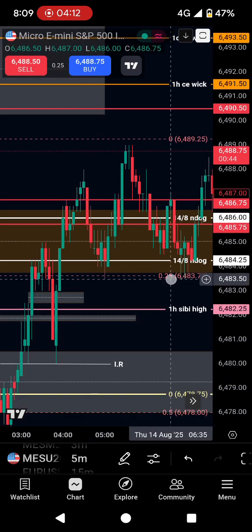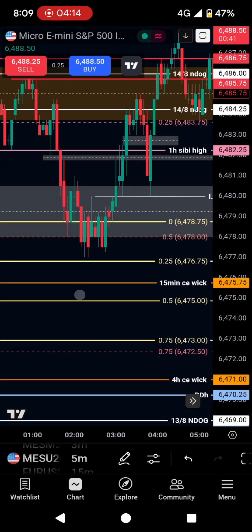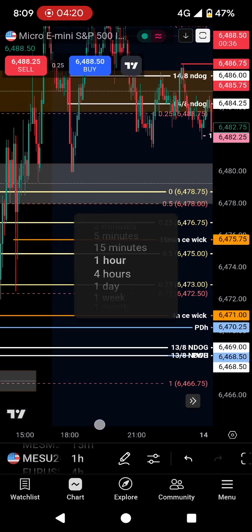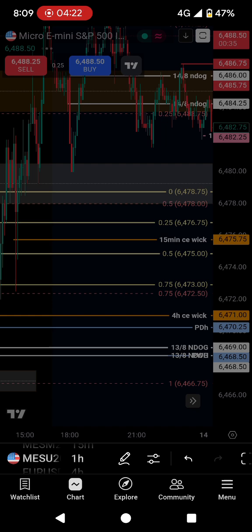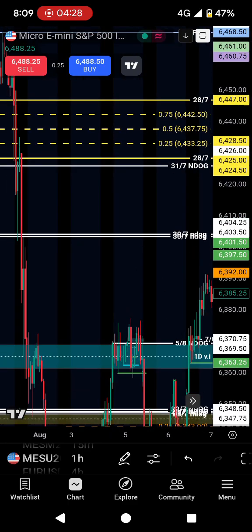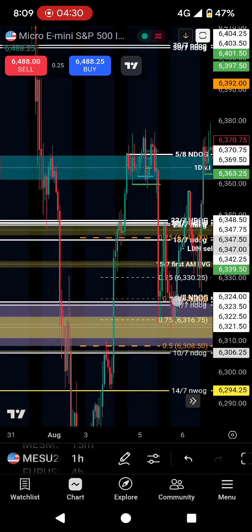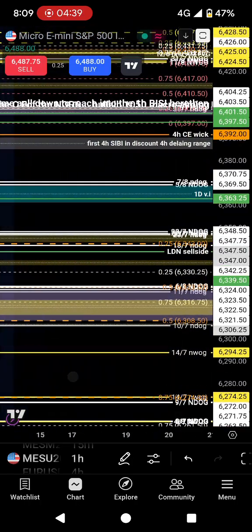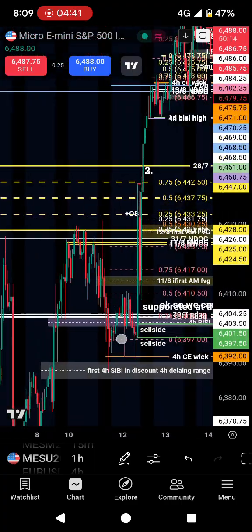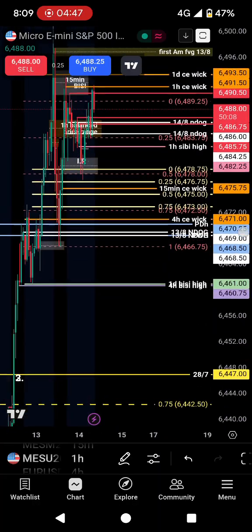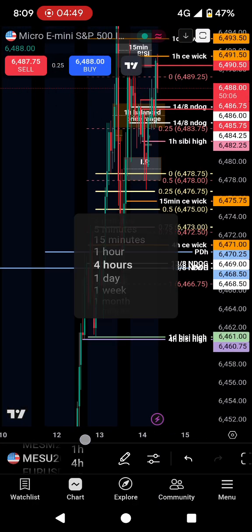So I'll be looking at the sell sides here. Then the sell sides here, and basically is this the 1 hour CVIC? So this is the 4 hour.